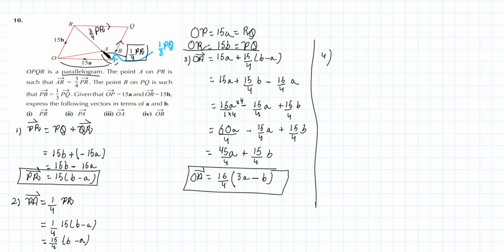For OB, you have to go from O to B. So you have to move from O to P first, and then P to B. Sorry, I just thought you have to go to Q, but not Q, you have to go to B. First you have to move from O to P and then P to B.